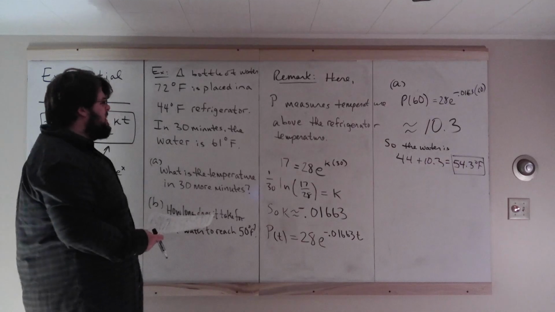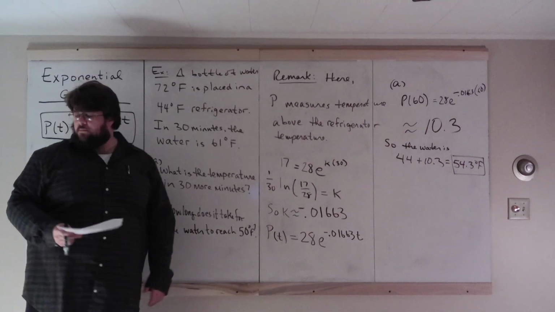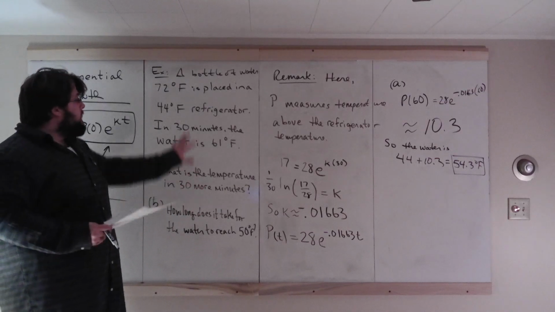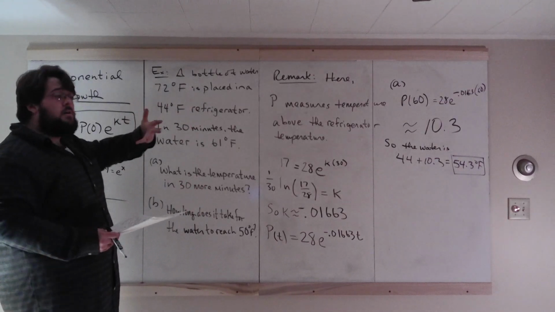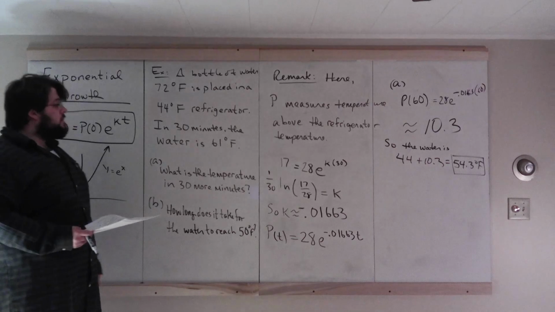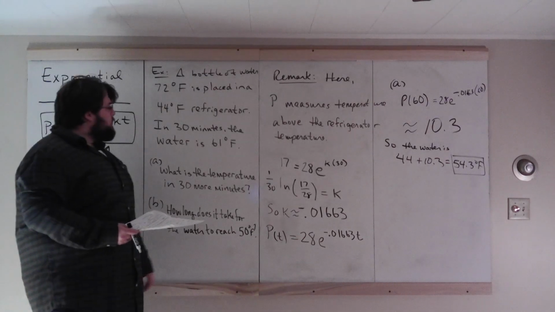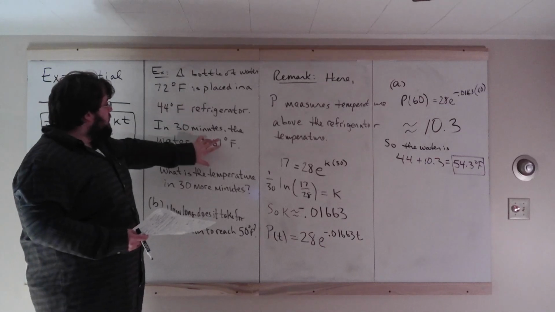Notice this actually illustrates the exponential decay better than the radioactive decay ones. Here, the temperature of the bottle is decaying, and in the first 30 minutes it lost 11 degrees.